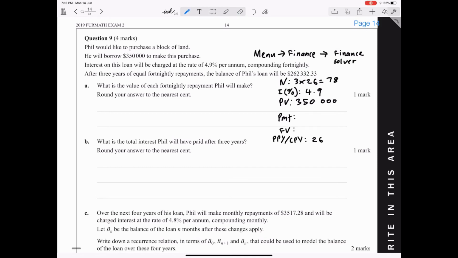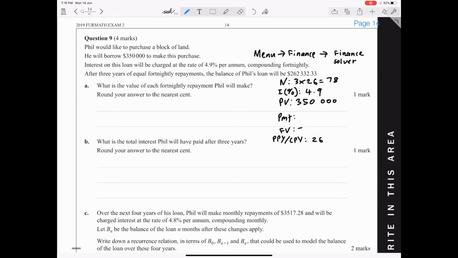And then we know the future value will be $262,332.33, because that's the balance of Phil's loan after 3 years. So put that in negative, because that's the amount Phil still owes the bank on his loan.